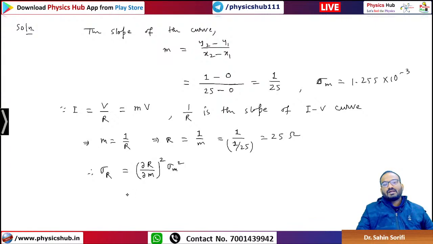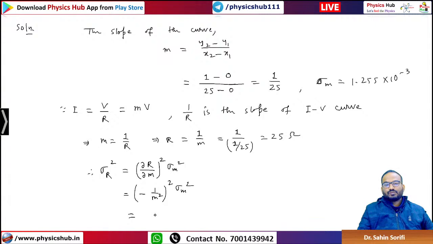Now what is del R by del m? If R is equal to 1 by m, so del R by del m is equal to minus 1 by m square, whole to the power 4, sigma m square.